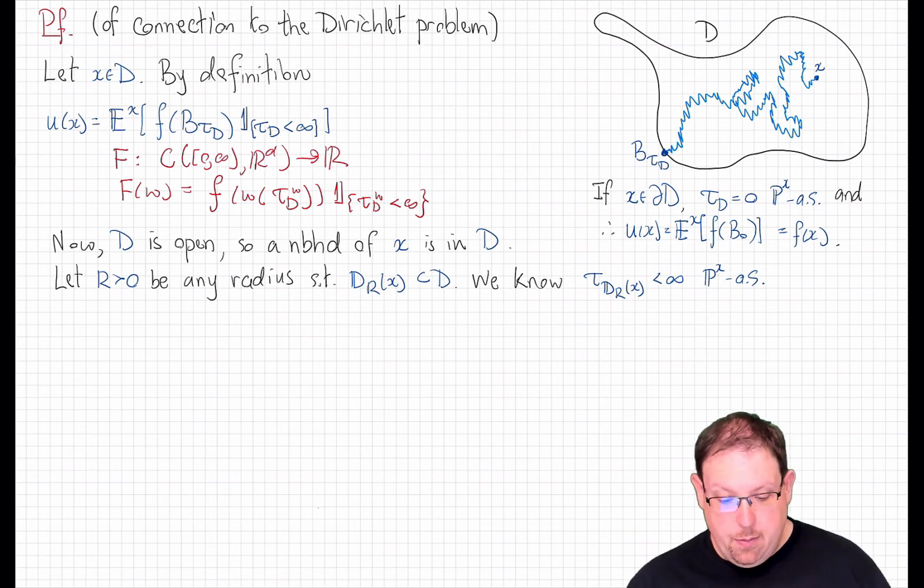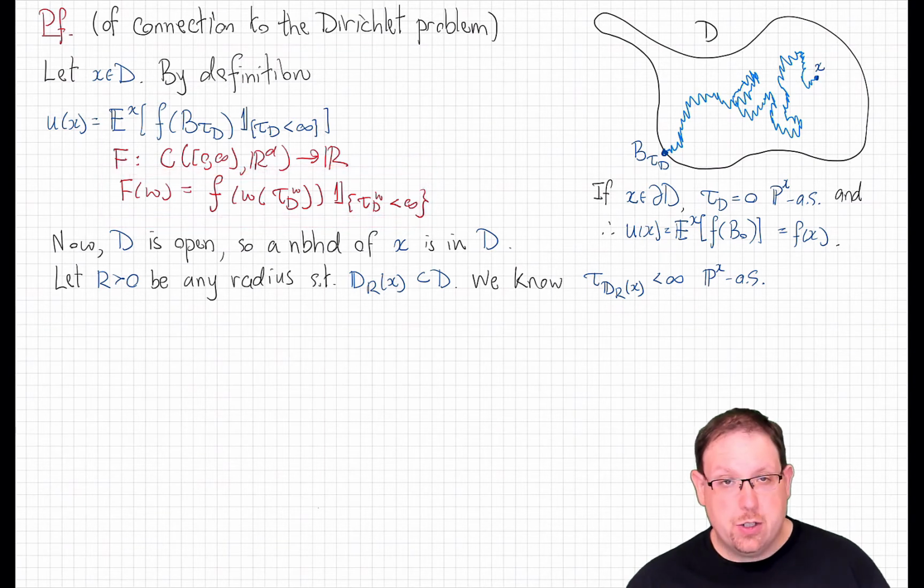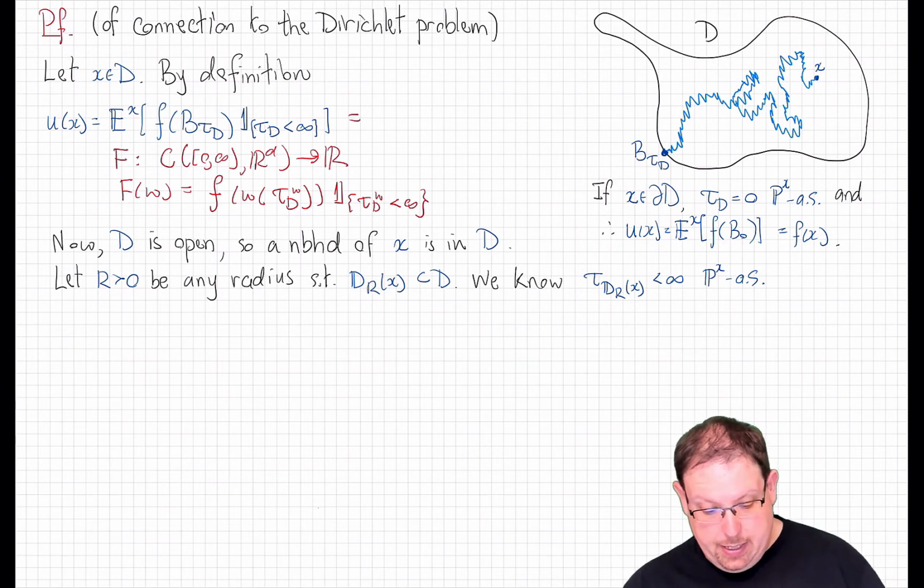Now, I claim without proof that this is a cylinder measurable function of the path, and I'll let you think about why that is. Of course, by construction, that tells us that this u is defined to be the expected value of that function f of our Brownian motion.